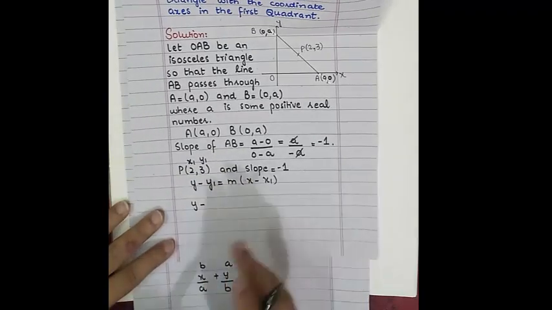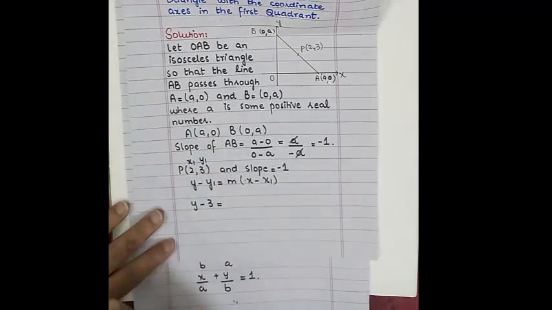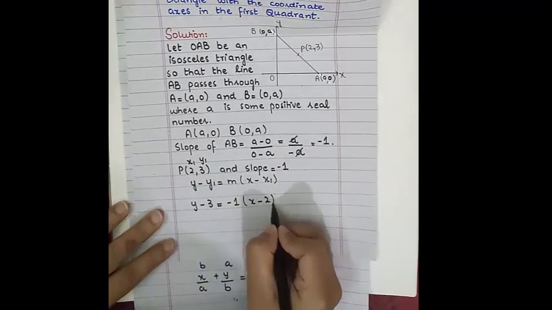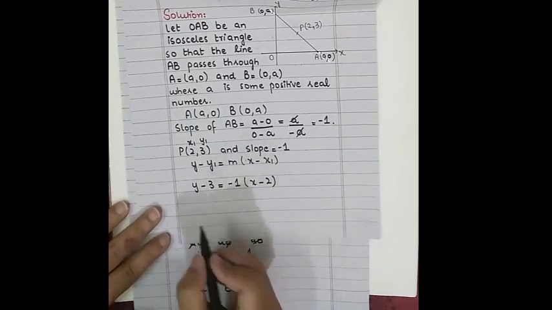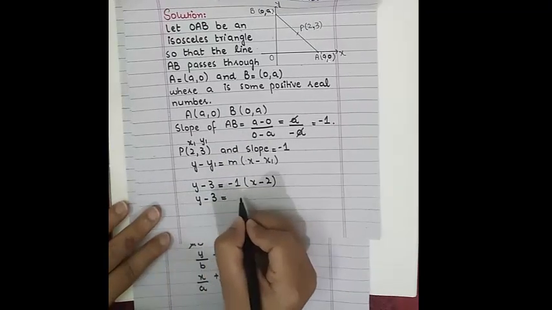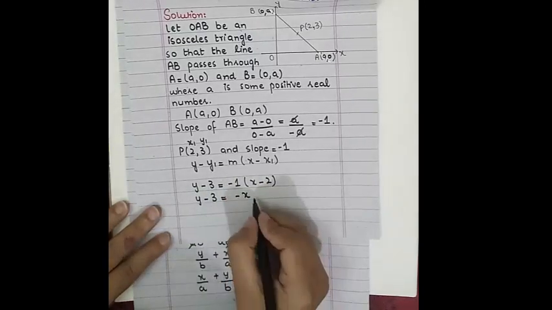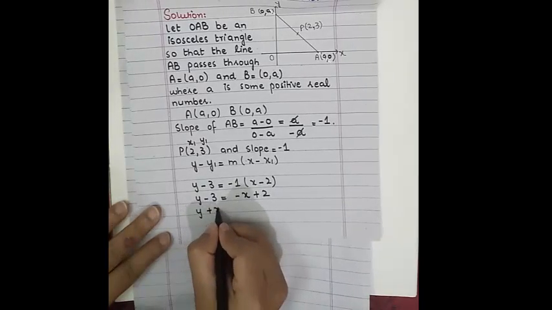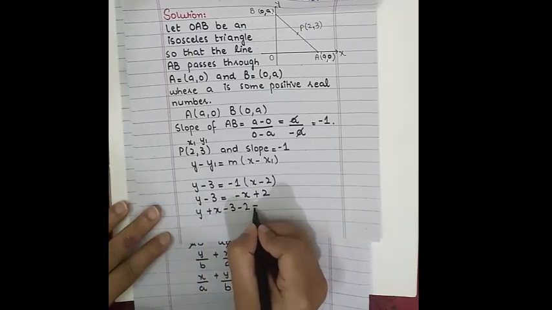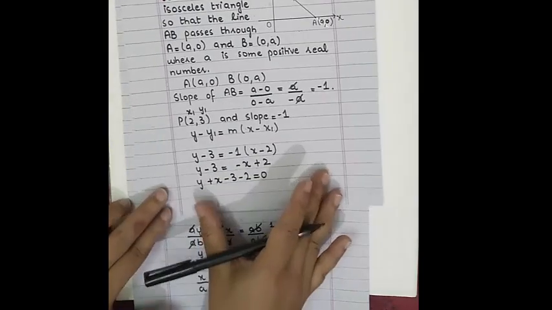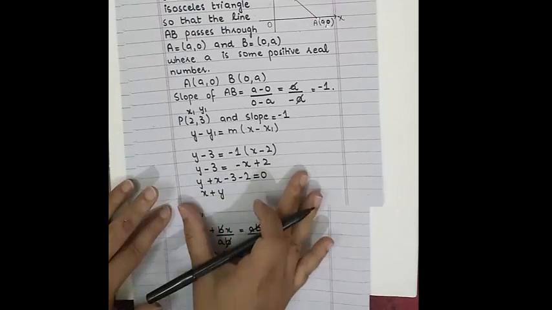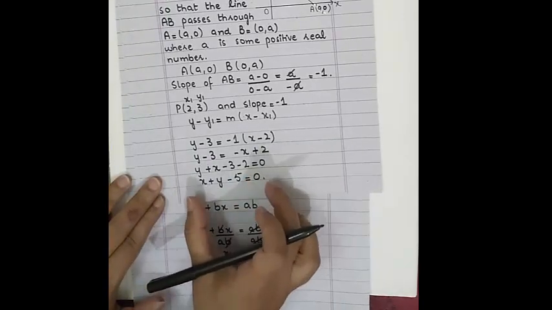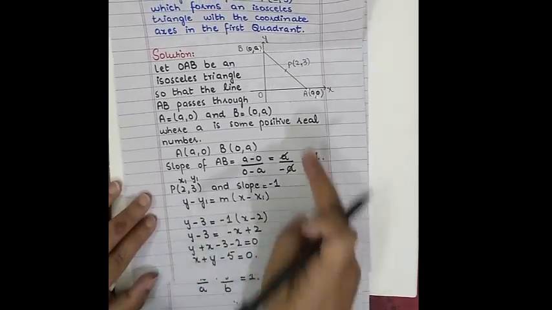Y minus the value of y1, which is 3, equals the value of slope, minus 1, times x minus the value of x1, which is 2. This is y minus 3, which is equal to minus x, minus minus plus 1, 2 times is 2. Rearranging this, y plus x minus 3 minus 2 is equal to 0. So it means x plus y minus 5 is equal to 0. So this is the equation for this line.